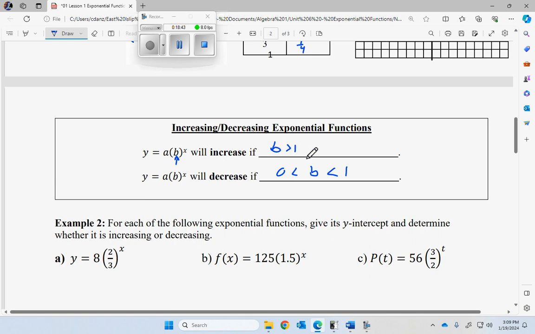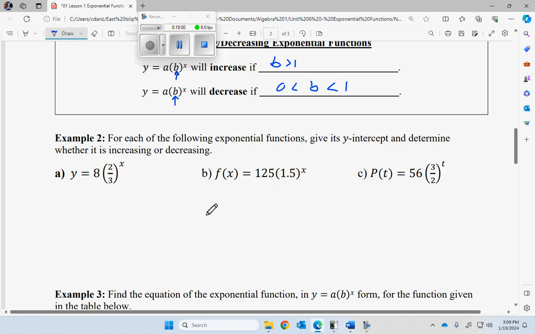So I said if b is greater than 1, it's going to increase. But if this is a fraction, it means it's a number between 0 and 1, so that would make it decrease. So I said that b is between 0 and 1. 0 is less than b, which is less than 1. So without even graphing, we should be able to do example 2.